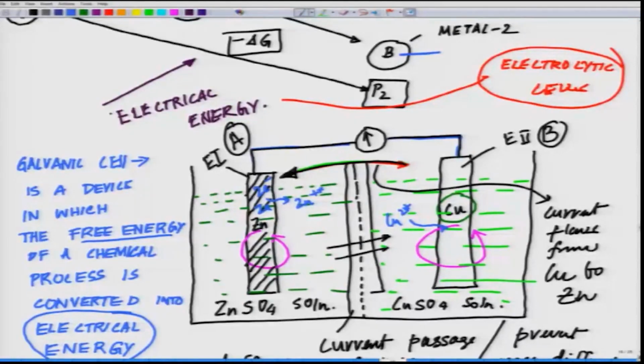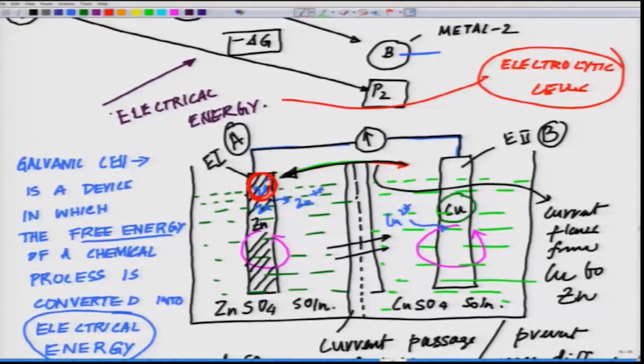Coming back, we talked about how zinc has a greater tendency to ionize than copper, so the zinc atom goes into solution, leaving behind 2 electrons in the metal electrode. So the metal electrode now has excess electrons. On the other hand, at the copper electrode, copper ions from the solution are deposited by accepting 2 electrons from the electrode.